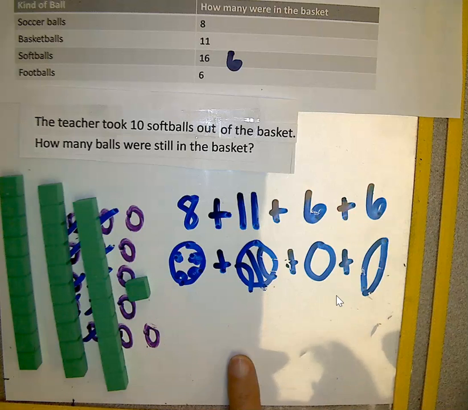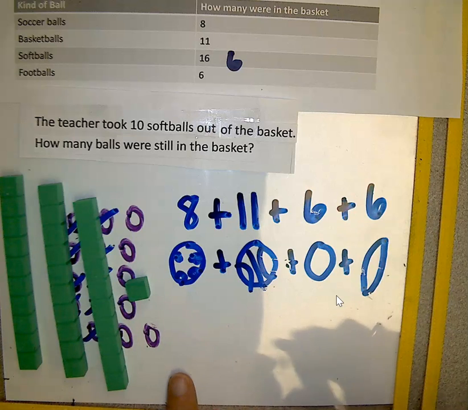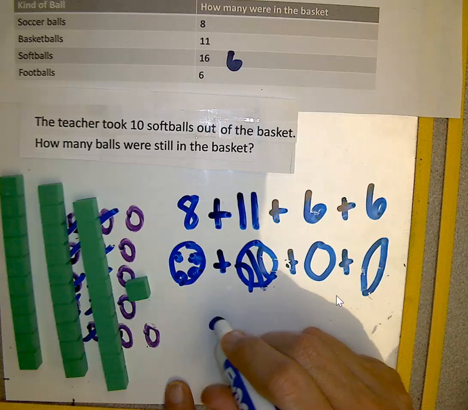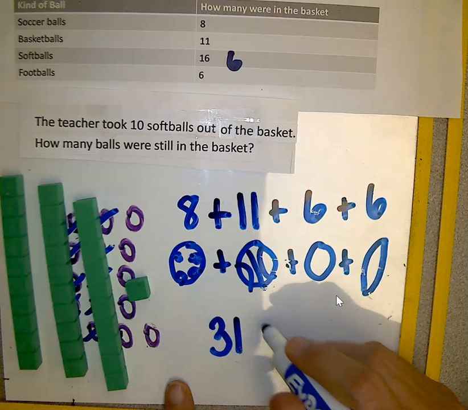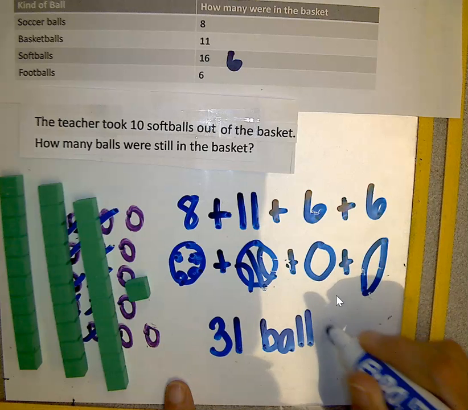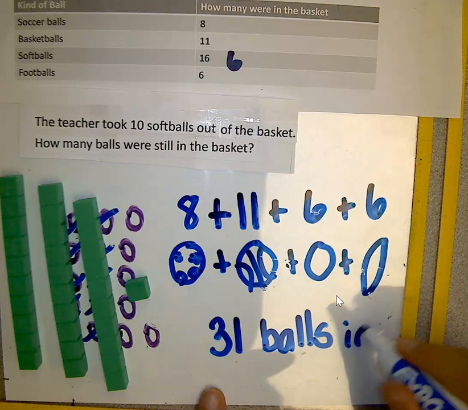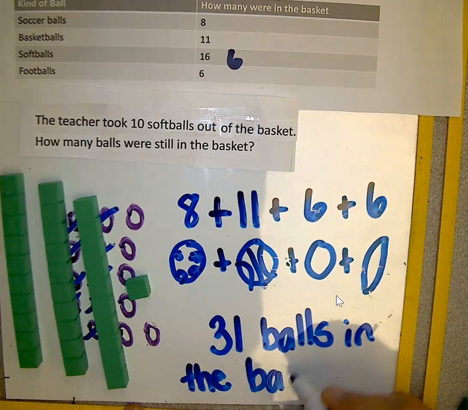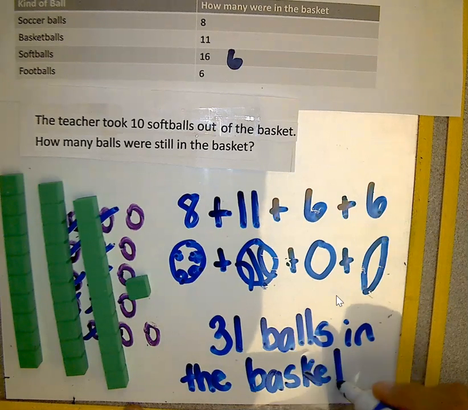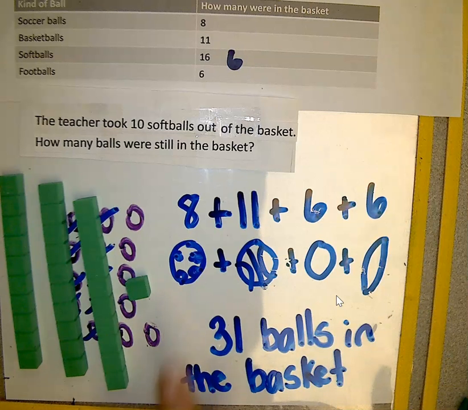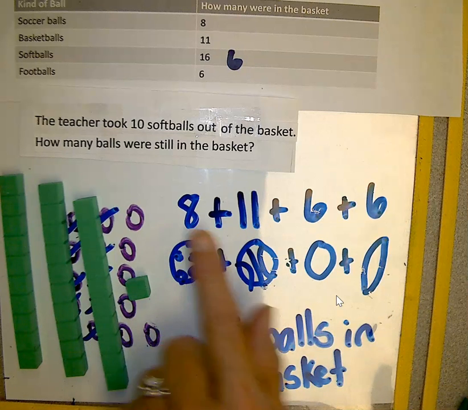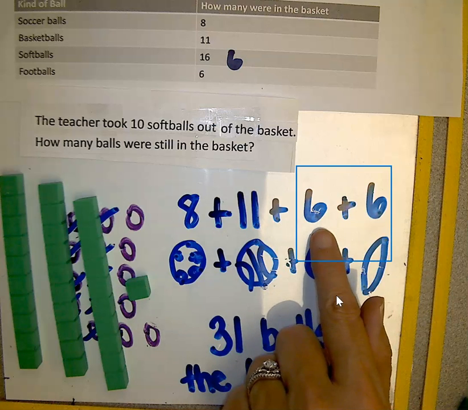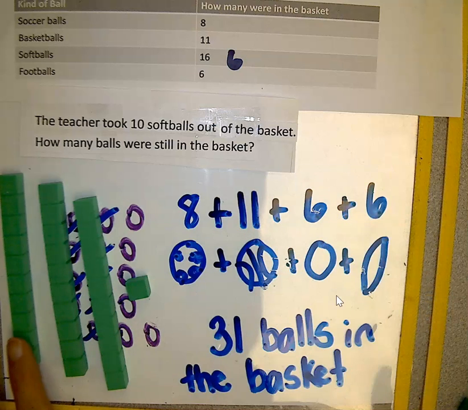So all the balls that are still in the basket, there are 31 balls in the basket. And I know that because I added 8 and 11 and 6 and 6, and together I had 31. Great job today, boys and girls.